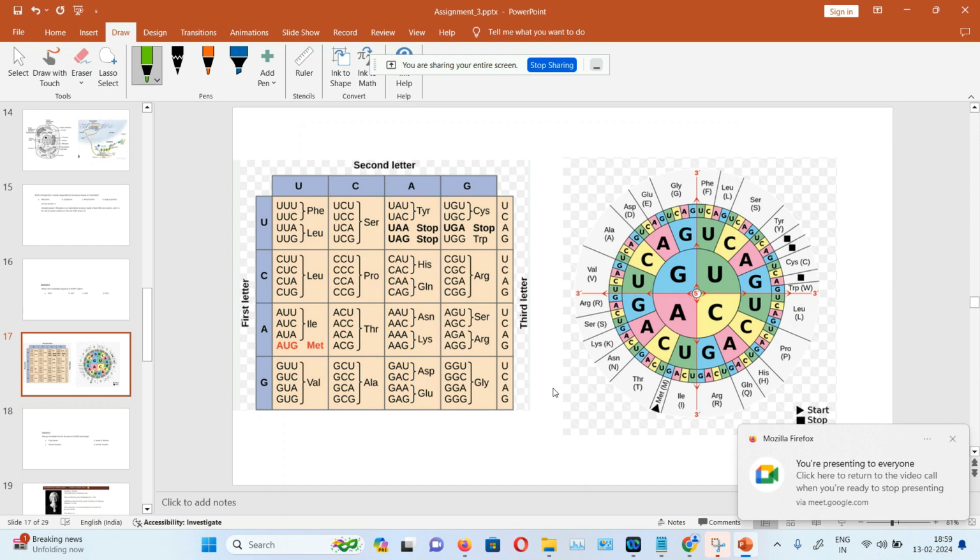So this is the codon table. The codon table is just a graphical representation of the codons and the corresponding amino acids.